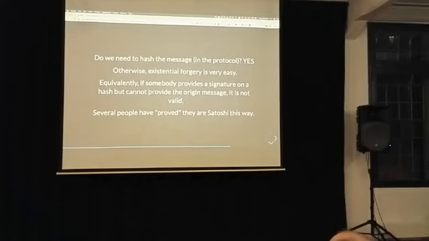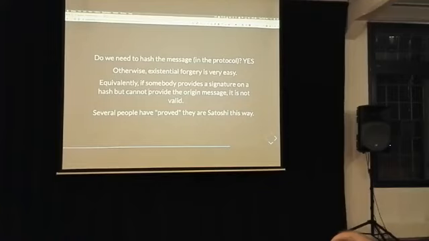So let's go back to what we were talking about. Equivalently, if someone provides a signature on a hash but cannot provide the original message, it is not valid. Yeah, that follows from what I said. And there's even a script in Python that you could run right now on your computer that would allow you to prove that you are Satoshi, and it's obviously not correct.